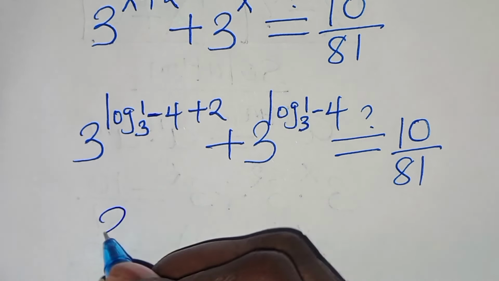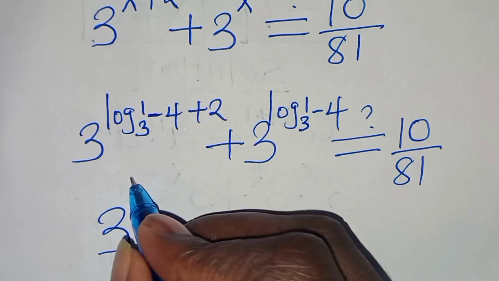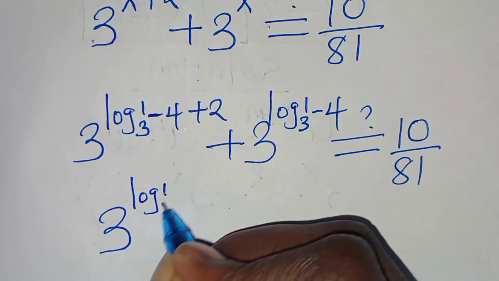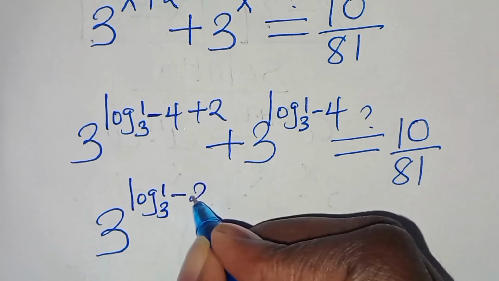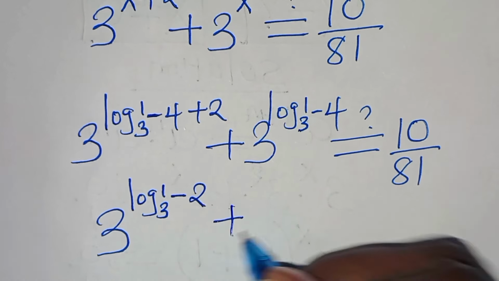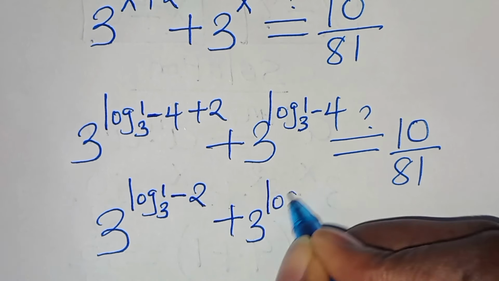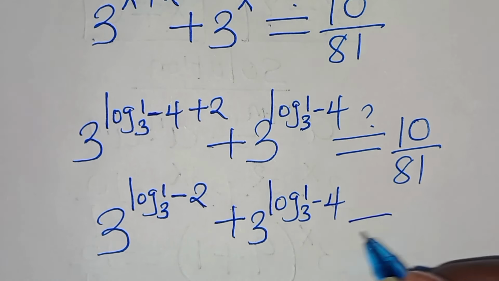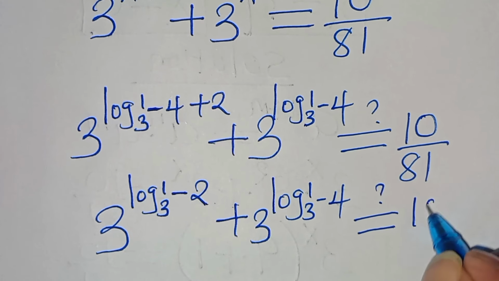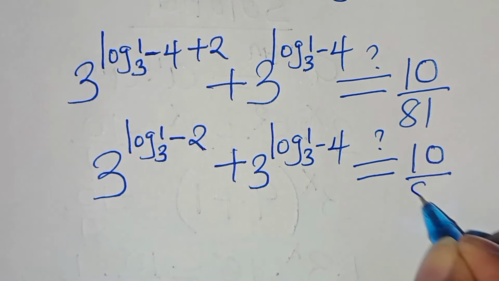Now, here we have 3 to the power of log 1 to base 3 minus 4 plus 2. This becomes minus 2. Then plus 3 to the power of log 1 to base 3 minus 4. This is supposed to give us a value of 10 over 81.